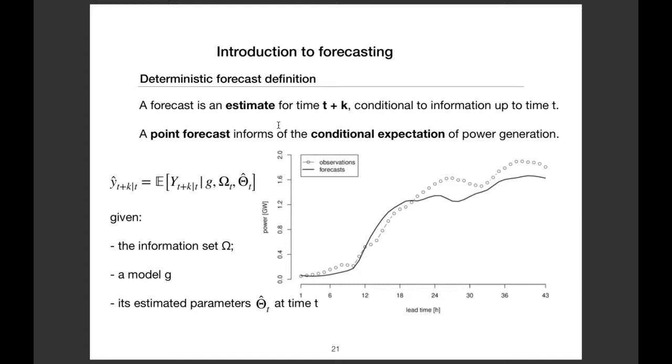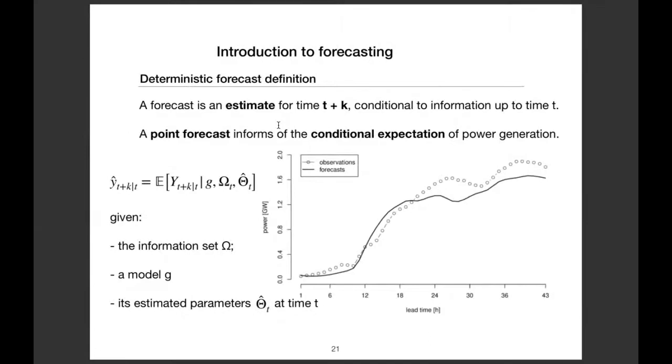So we use all the information that we have up to time t to try to estimate what will happen for time t plus k. So this is a forecast. A forecast is an estimate, conditional to some information. And the point forecast informs of the conditional expectation of power generation, because it is a stochastic process. And the point forecast, it is one value.